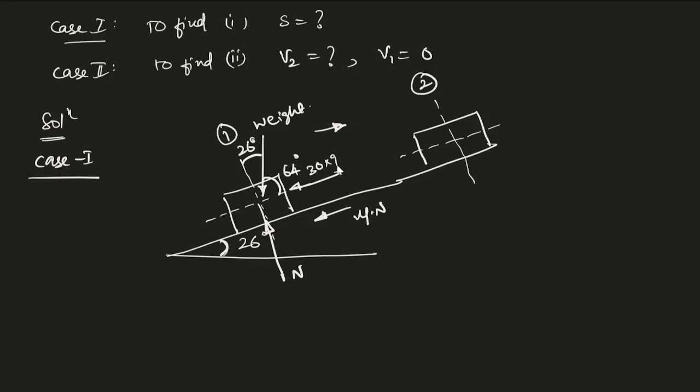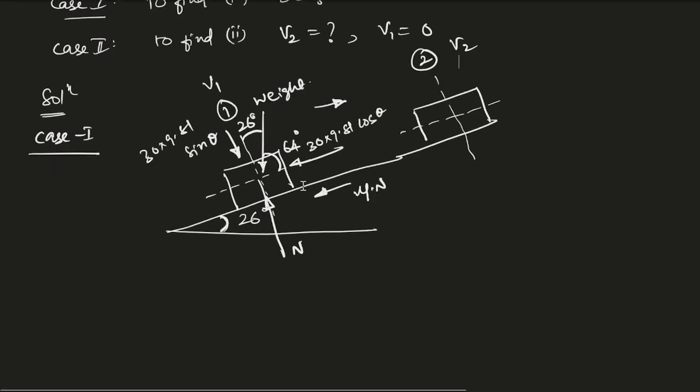So 30 into 9.81 cos theta, and we'll have a vertical force as well, 30 into 9.81 sin theta. Okay, I hope I have written all the active and reactive forces. Fine. So we have to find the distance. Here we will have V1, and here V2 for the first case.